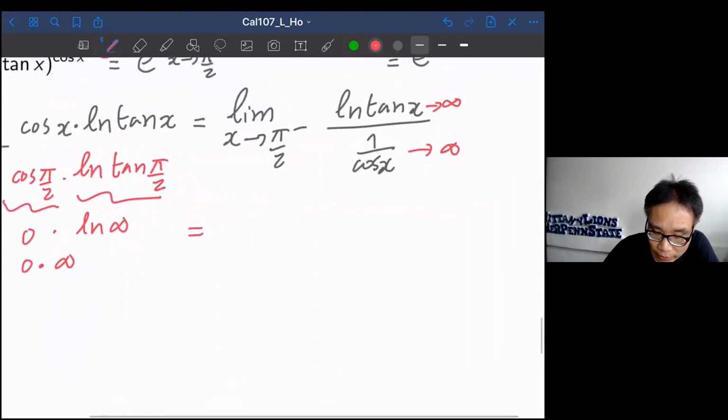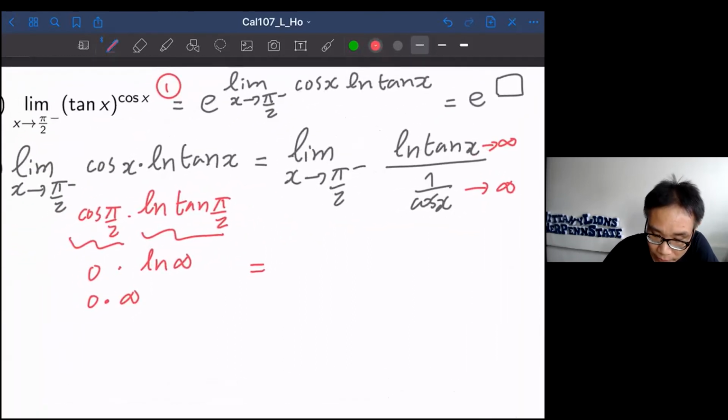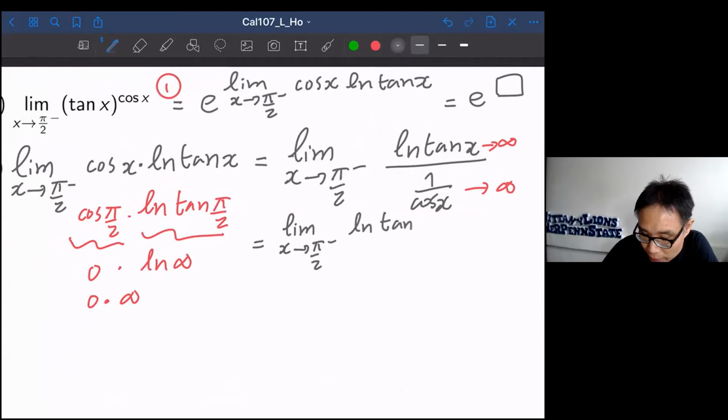So you're gonna have the limit as x goes to pi over 2 from the left of log tan x over sec x.